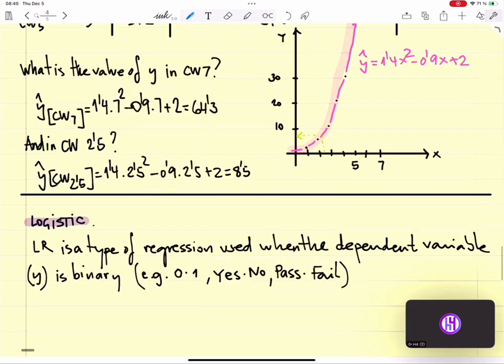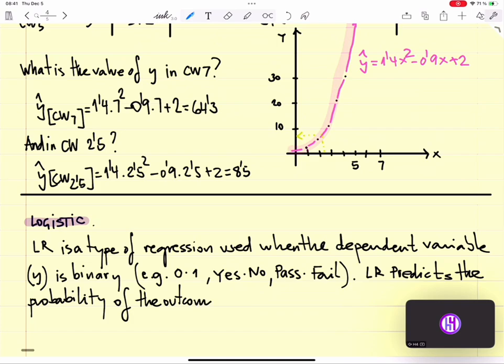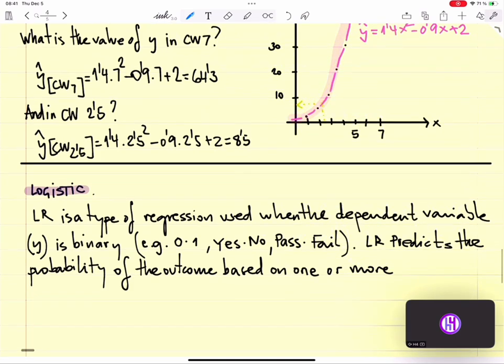So logistic regression predicts the probability of the outcome based on one or more independent variables.